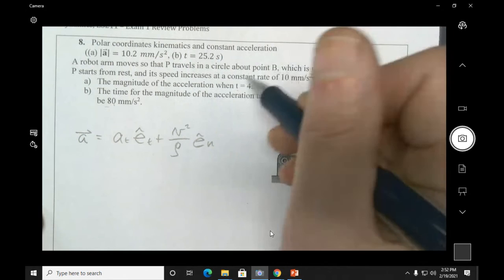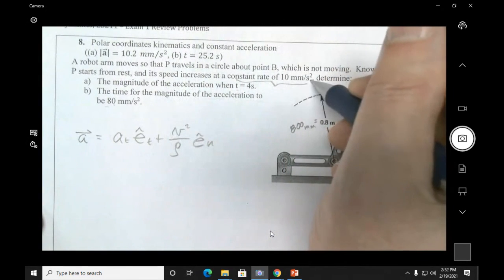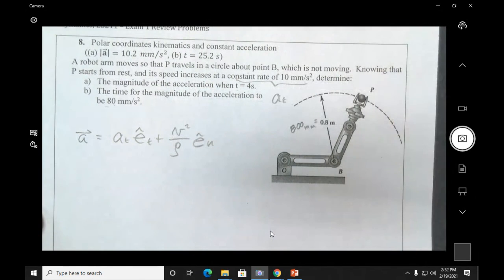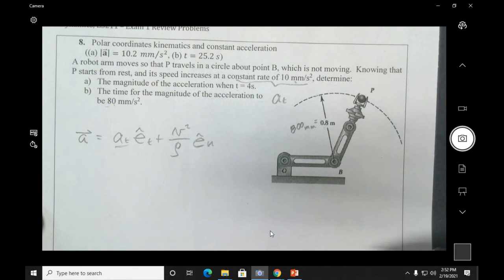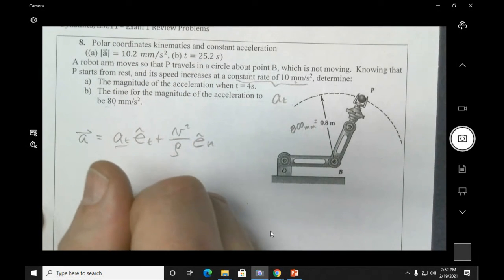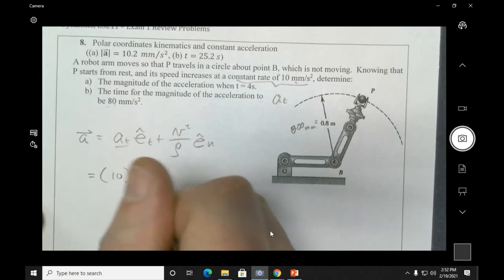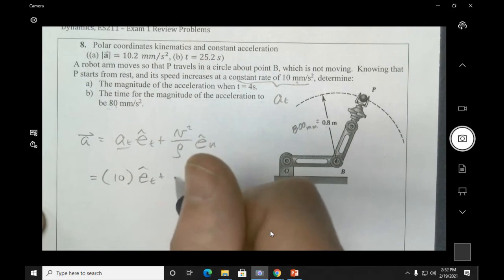The way it was expressed, the speed was changing at 10 millimeters per second squared, that's the tangential, the dv/dt. So we can just write out that it's 10 e_t plus e_n.